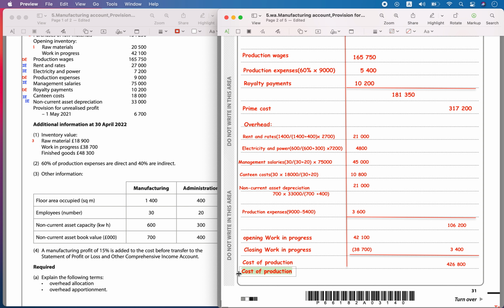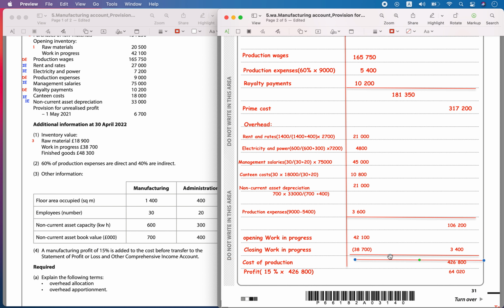So the profit will be 15% of 426,800. So that value will be equal to 64,020.